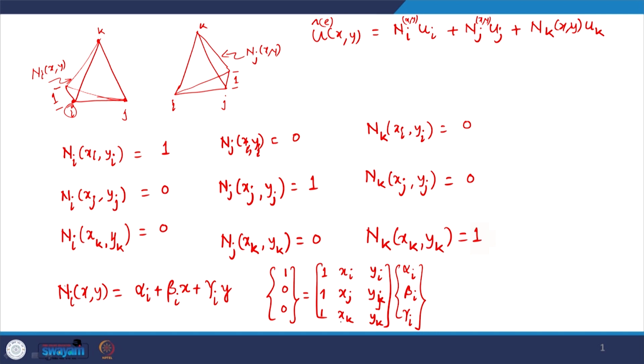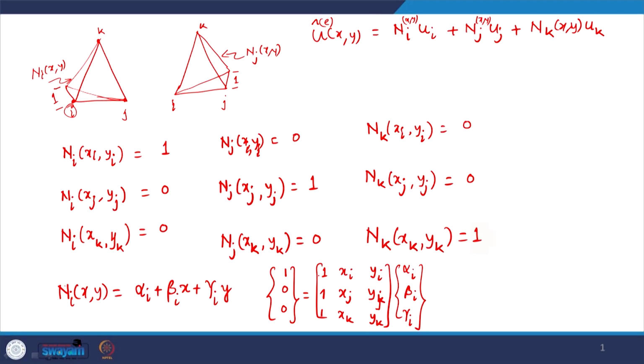with rows x_i, y_i, x_j, y_j, x_k, y_k, and this will be invertible because the 3 nodes are far away, are distant, right. So, none of the rows and columns are linearly dependent, so this matrix itself is invertible. So, alpha_i, beta_i and gamma_i can be evaluated by inverting this matrix and then multiplying that inverse with 1 0 0, and then we can substitute this alpha_i, beta_i, gamma_i, and that is what will fetch us the interpolation function for node i.